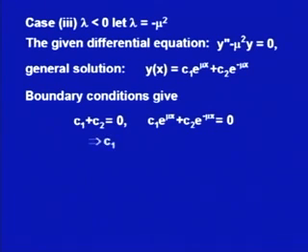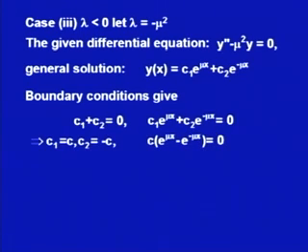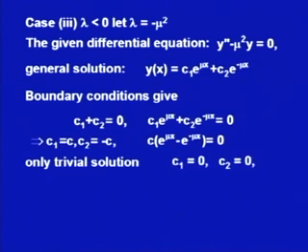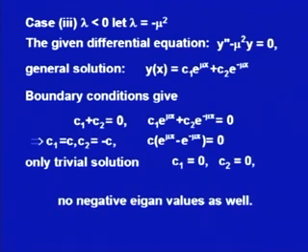So, let us take C1 to be C, then C2 is minus C. Now, substituting this in the second equation, we get C times (e to the power mu pi minus e to the power minus mu pi) equal to 0. We know that e to the power mu pi minus e to the power minus mu pi will not be 0 for real mu, so again we get only the trivial solution, that C1 and C2 should be 0, and so there are no negative eigenvalues as well.